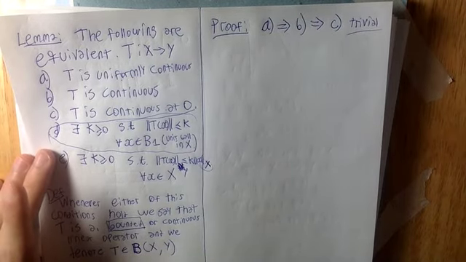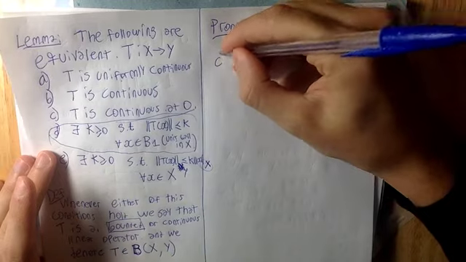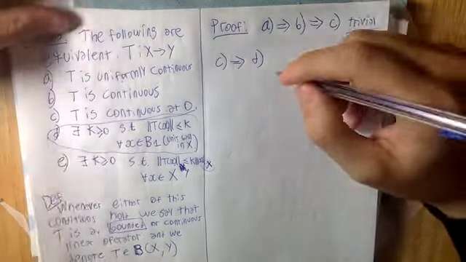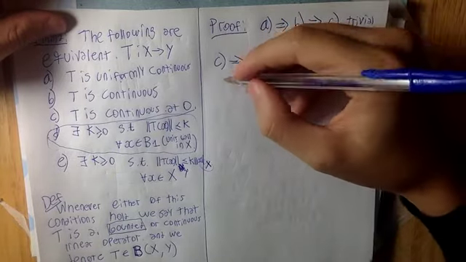Now let's see that C implies D. What does it mean that T is continuous at 0?